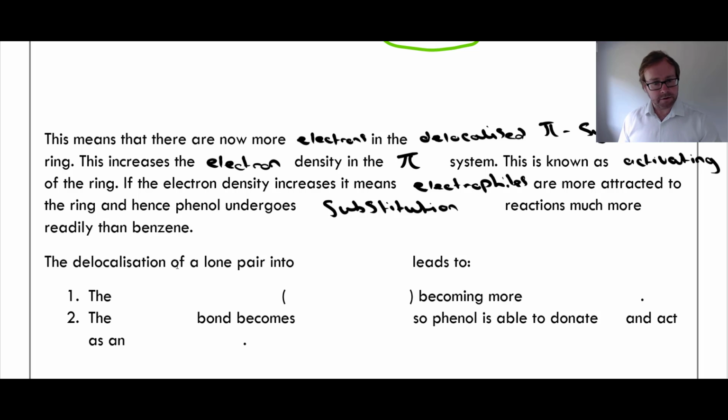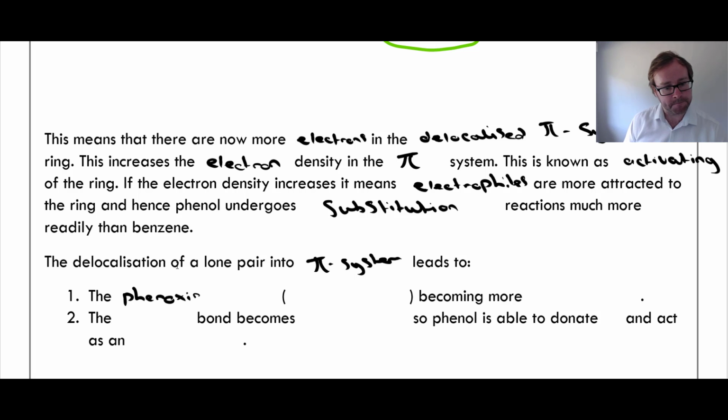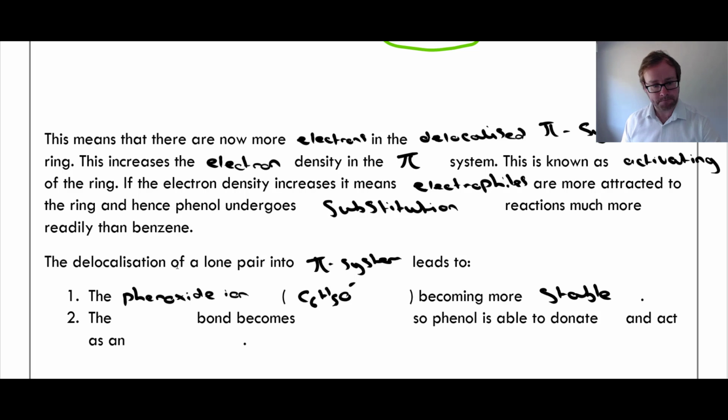So the delocalization of a lone pair into the pi system leads to the phenoxide ion, which is when we have lost the H+, it becomes more stable. And also the OH bond becomes weaker.